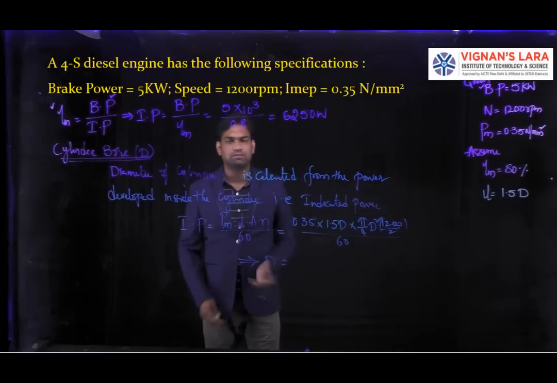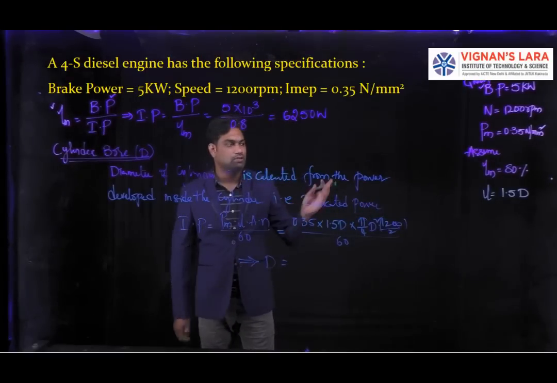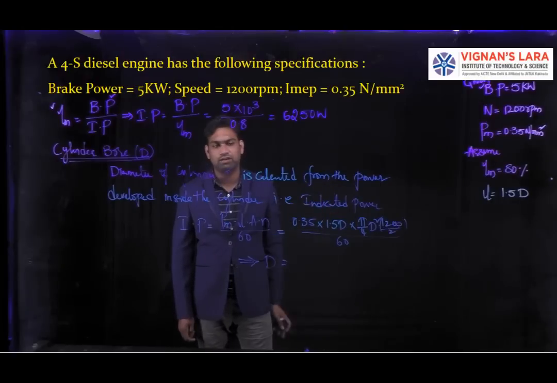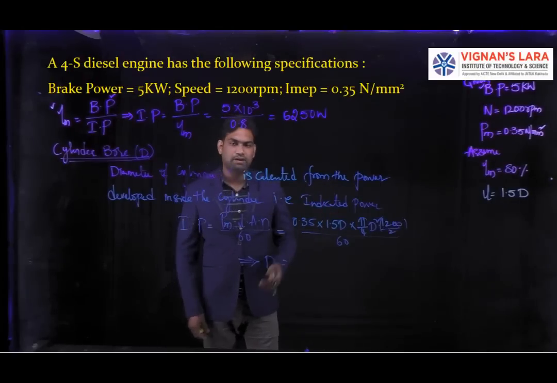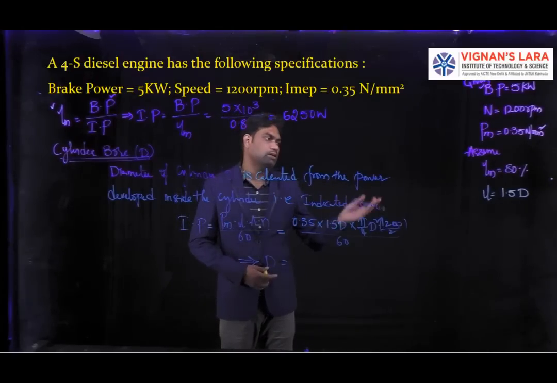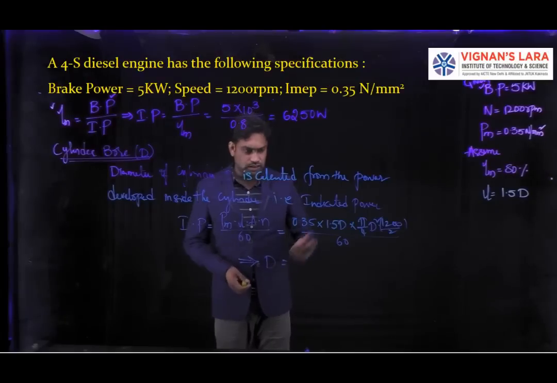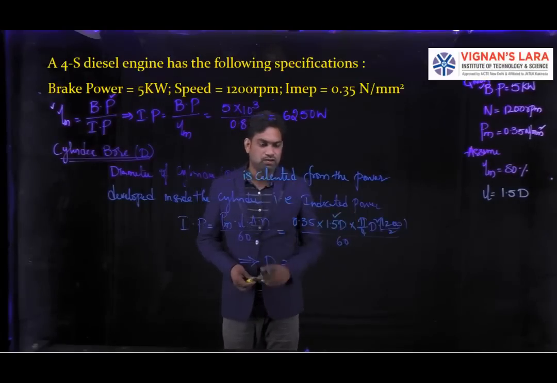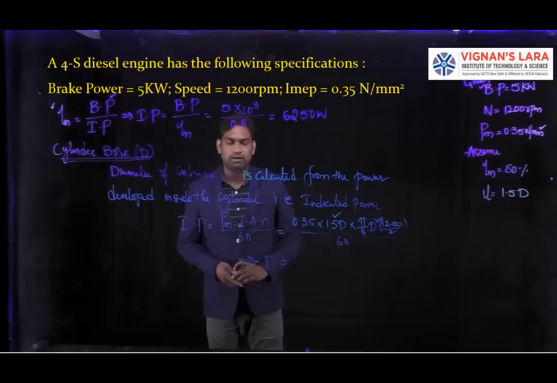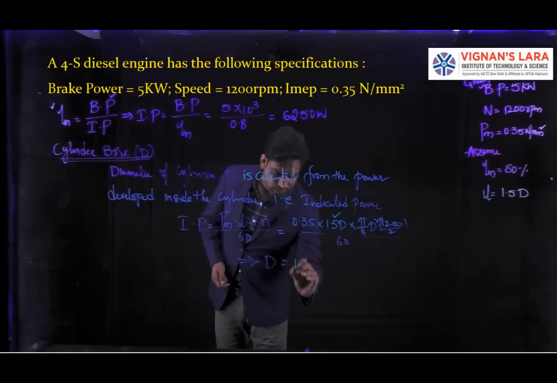The range is between 1.25 D to 2 times of D. If you want to vary the stroke length, you can vary, so that the diameter can also vary based upon the assumed value of stroke length. So here, as per my assumed value of stroke length, the diameter I get is 115 mm.